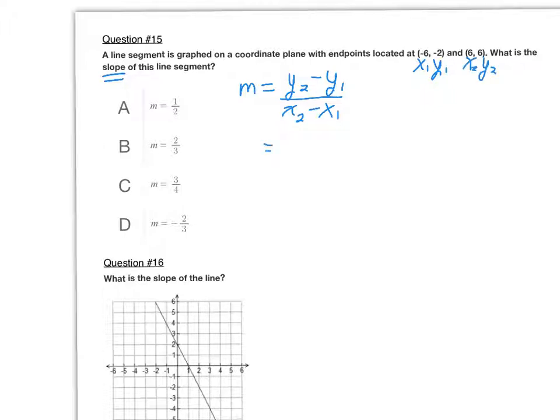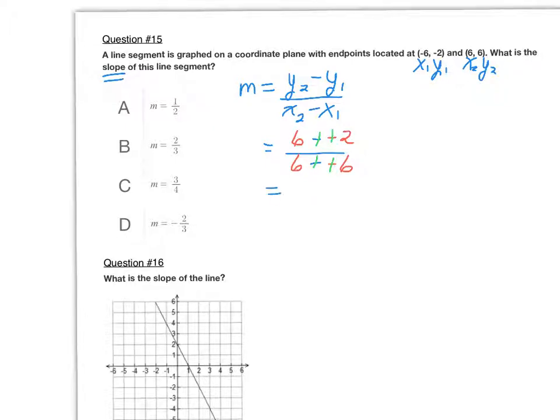And then I'm going to rewrite my slope formula as a template. I'm going to remove all the variables and replace them with what I've labeled them as. So y sub 2 is 6, y sub 1 is -2, x sub 2 is also 6, and x sub 1 is -6. We want to take care of our double signs, so we're going to add the opposite by doing plus plus and plus plus.